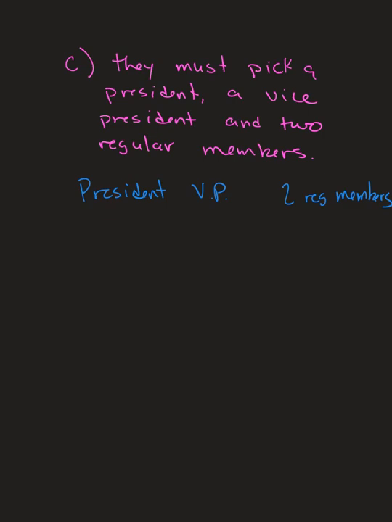Since some of them are getting labels, the ones that are getting labels is a permutation. So this part here is a permutation. And this part here, they're not getting labels, so this part is a combination. So we're actually going to have to calculate these 2 parts separately.